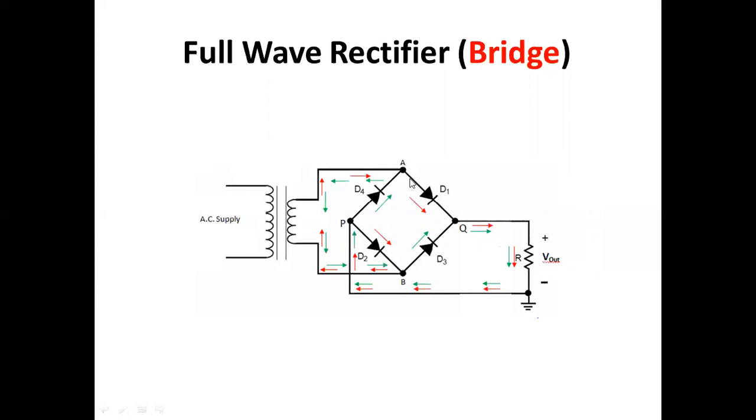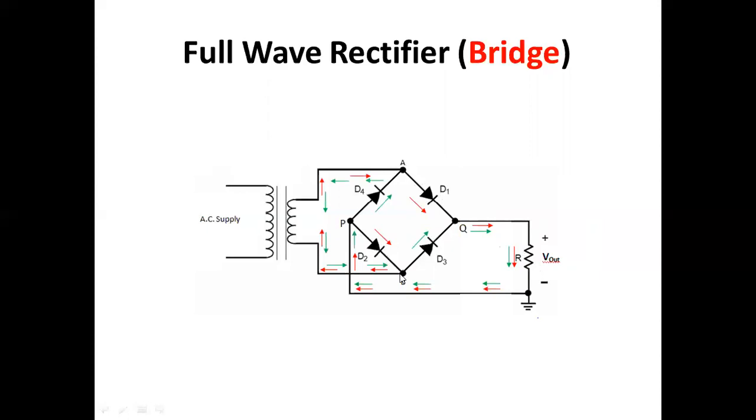Therefore, the current will move from A to Q and towards the R load. Then the current returns in this direction, towards P and also B. Like this, two diodes are conducting at one instant for a positive half cycle.